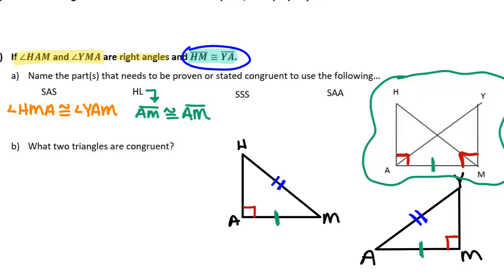Yes. You don't need that on this proof. Try something different.